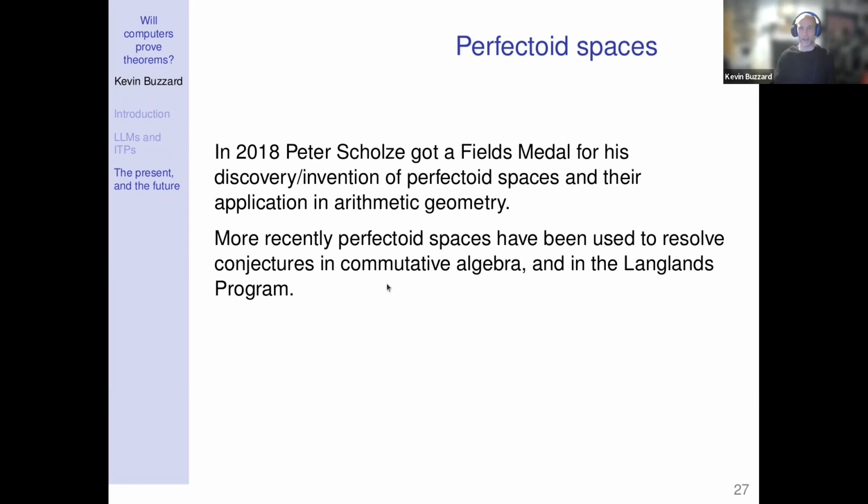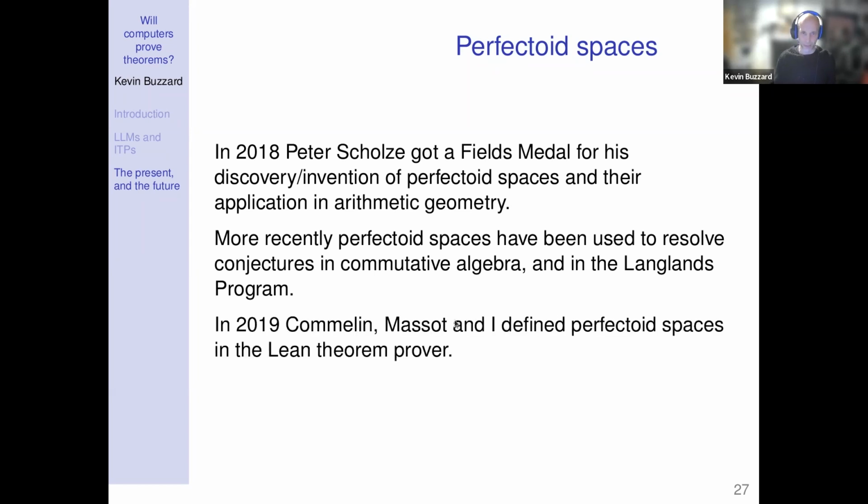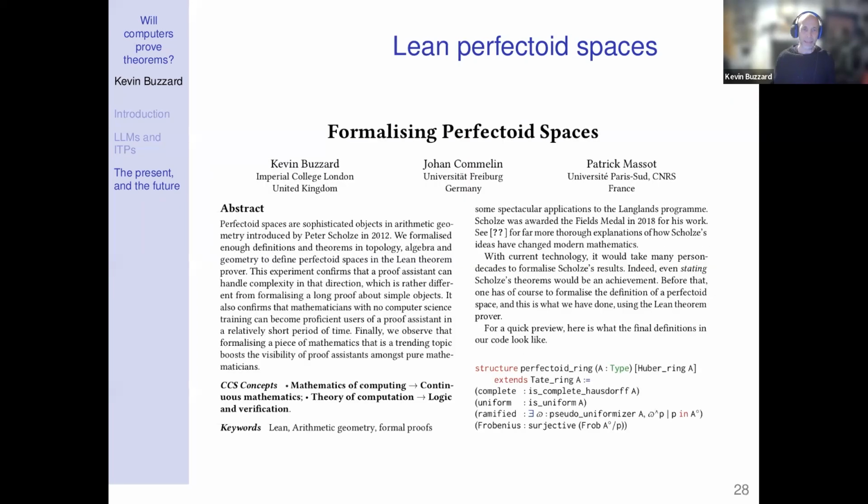They've been used in commutative algebra and in the Langlands program, which is where I work. And so I'd learned what a perfectoid space was. And so me and a couple of people I met on the Lean chat, we defined perfectoid spaces in Lean. And then I went around telling the algebraic geometers, and this time they were much more impressed because none of them had a clue what a perfectoid space was. That was the plan. So there we go.